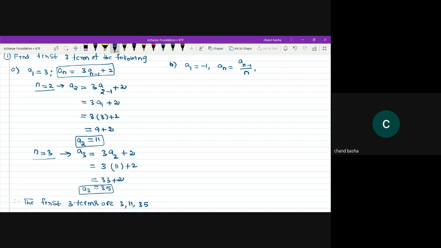What is the value of n here? I can take n as belonging to the natural number system, or not? Yes, sir. So this is one of the most important points. That means I can put n equal to 1, 2, 3, 4, 5. Already we have A1. You can find just A2 and A3.